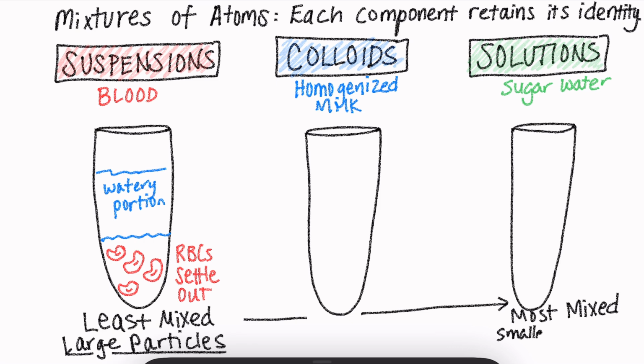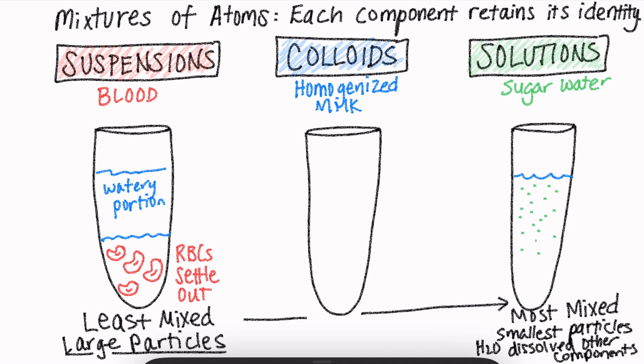So, they're going to have the smallest particles, and it shouldn't settle out. Water will have dissolved the other components. In my example, it would be like sugar. So, you would have in the water the sugar molecules totally and uniformly surrounded by the water molecules.